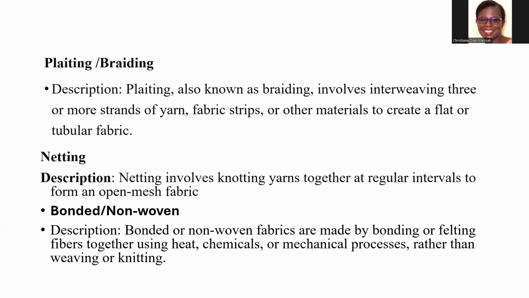Yes, the tissue towels are all non-woven. You don't weave them, but they look like a fabric. At times we use heat to put the fibers together to produce that sheet-like structure.